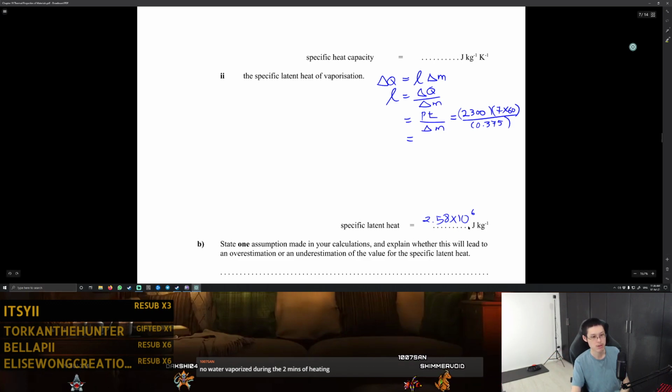Is this value an overestimation or an underestimation of the actual value? So I'll give you guys some time to think, then I'll tell you the answer. Or maybe you could explain to me why you think it is an overestimation or underestimation.